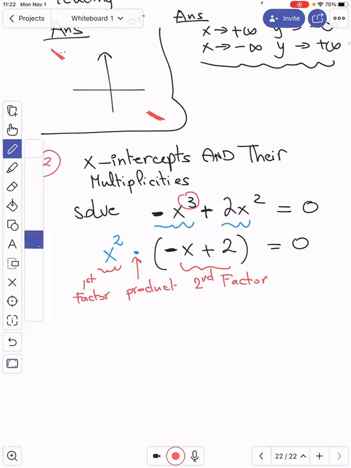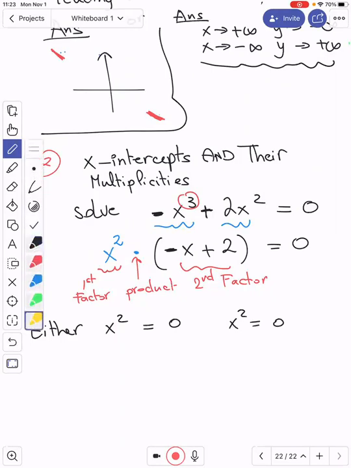First, we have this x squared. So either x squared is 0. You apply the square root to both sides. Don't forget the plus or minus, because of the even power, but it doesn't matter because plus or minus 0 is just 0.